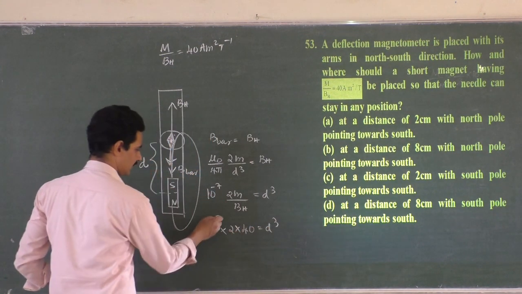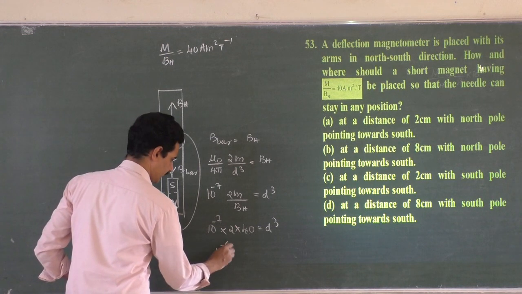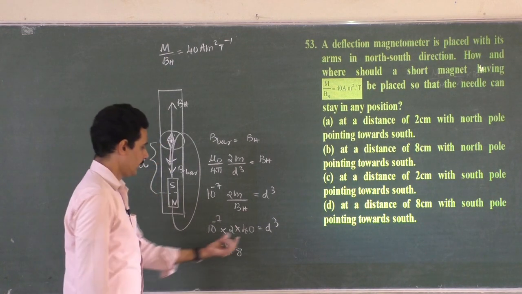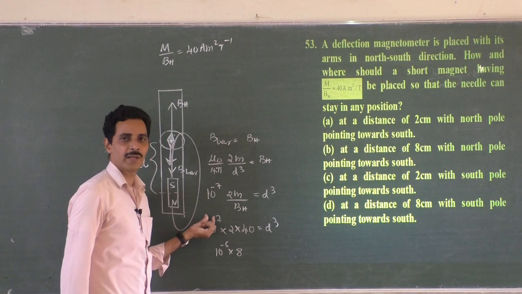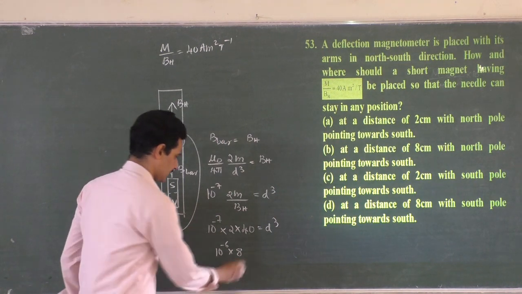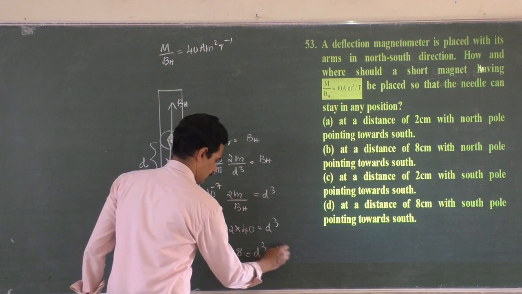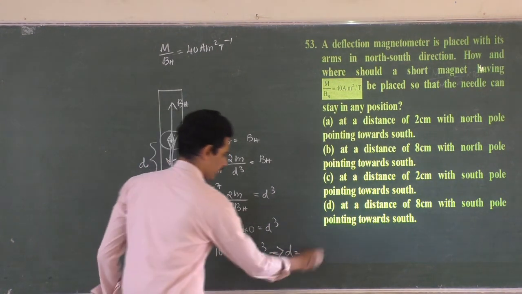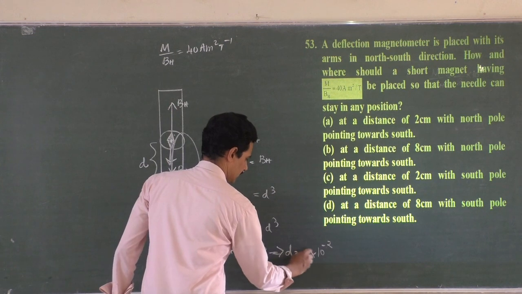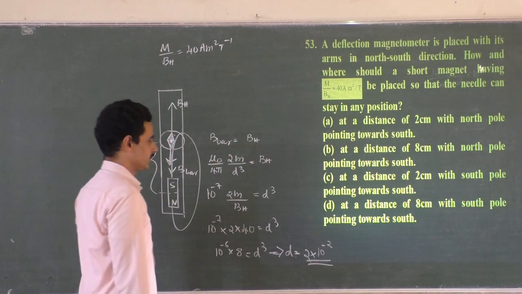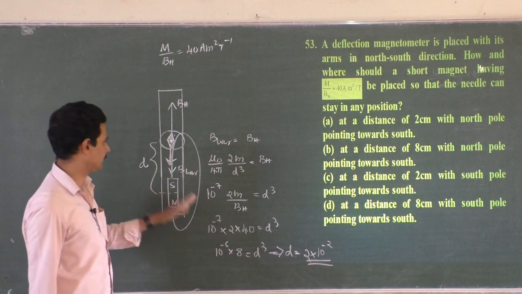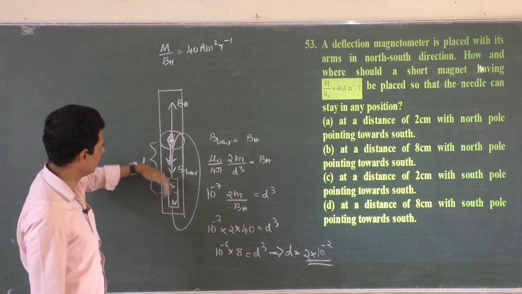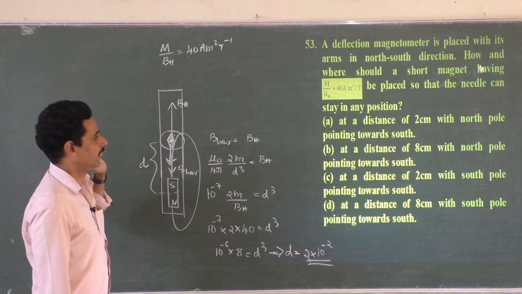This is 80 into 10 to the power minus 7, which is 8 into 10 to the power minus 6, is d cube. What does it mean? d is equal to the cube root of this: 10 to the power minus 2, and the cube root of 8 is 2. So 2 into 10 to the power minus 2. The south pole must be kept so that the magnetic field is like this, so as to cancel BH.